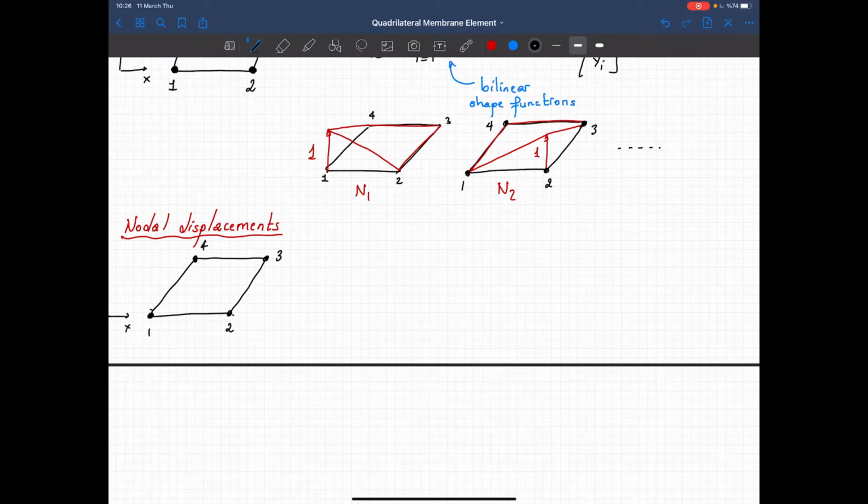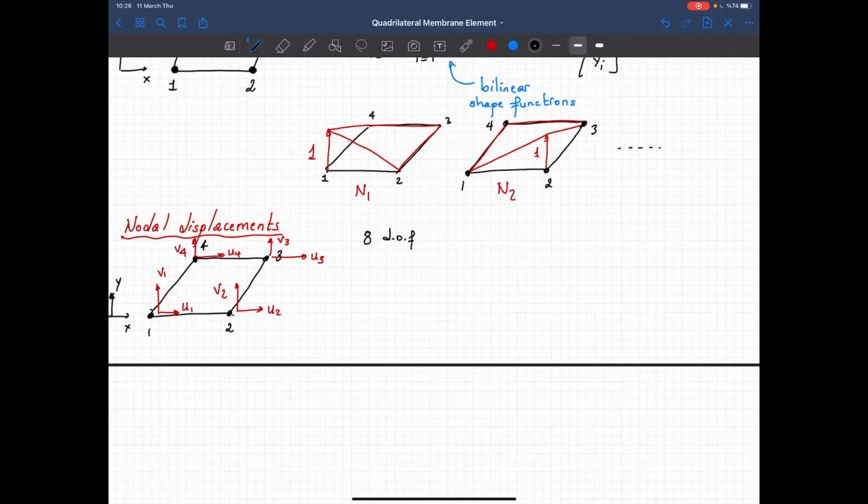Again, that's the coordinate axis for this element. And the nodal displacements are defined as follows. We have a translation in x, u1, translation in y, v1, translation in x, u2, v2, u3, v3, u4, and v4. So basically this element has 8 degrees of freedom at 4 nodes.